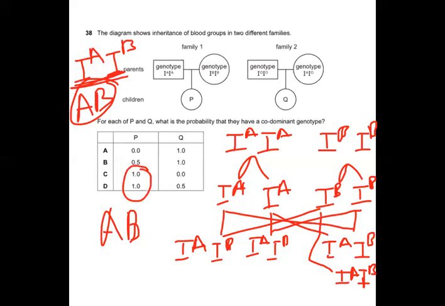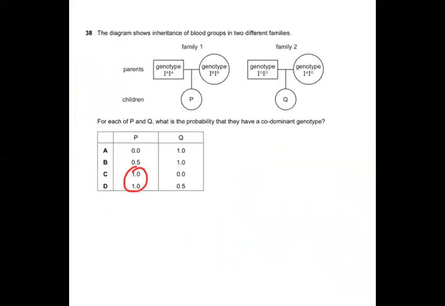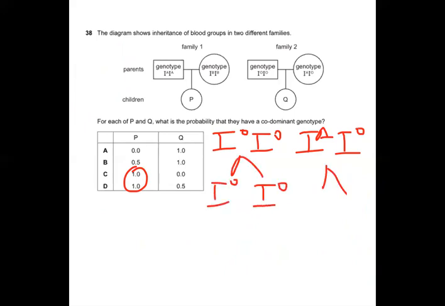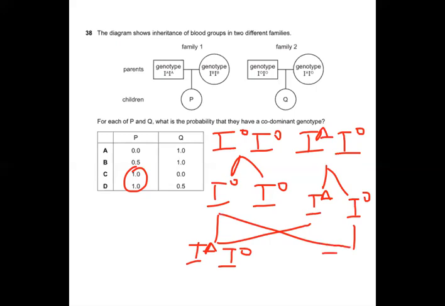Now for Q, that is family 2, the parents had IO IO or IA IO. The gametes will be as shown.